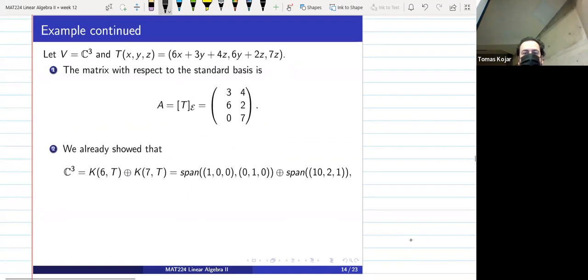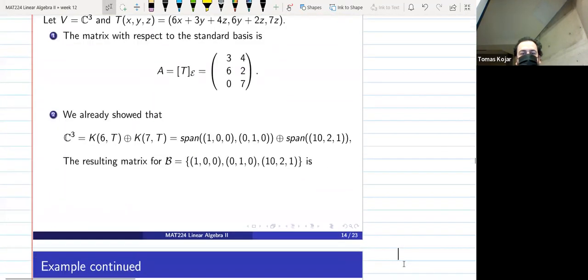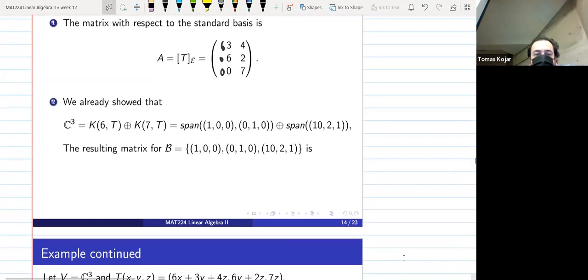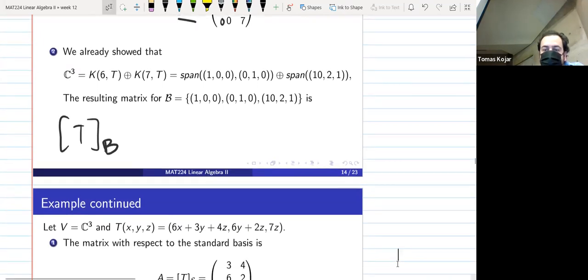And we already found the decomposition of the space and the resulting matrix. Now we're going to compute TB. You have TE, we'll find TB.